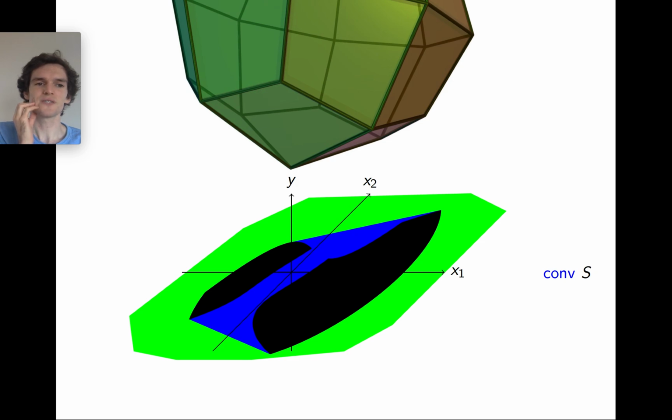Another thing that I think is interesting here is that now when we optimize over the polyhedral set, you can see some of those corner points, when you project them, are not just in the convex hull, but you can actually get them to be in the black region, which means you can actually find the global solution.